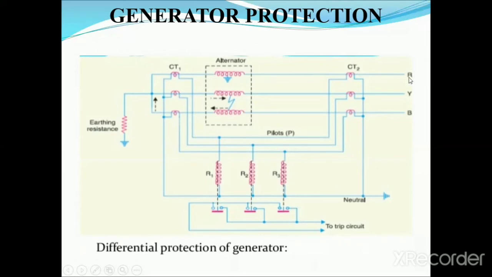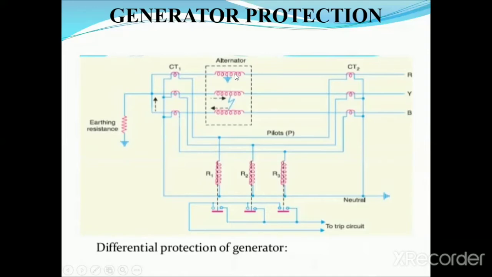Since it is a three-phase system, we use R, Y, B. Each and every phase has separate CTs, and each phase has a stator winding. This winding is also given an earth resistance for the protection against earth faults.